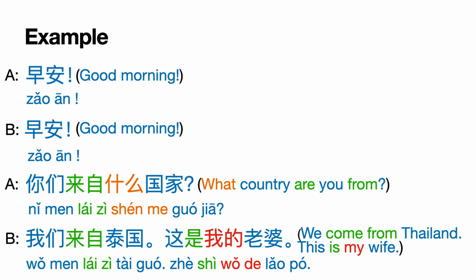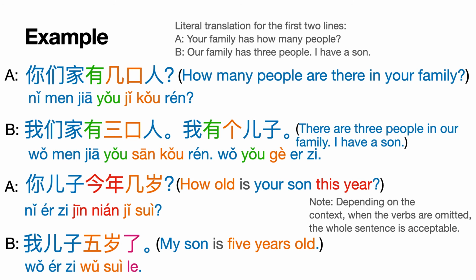This is my wife. 你们家有几口人? How many people are there in your family? 我们家有3口人。我有个儿子。There are 3 people in our family. I have a son. 你儿子今年几岁? How old is your son this year? 我儿子5岁了。My son is 5 years old.